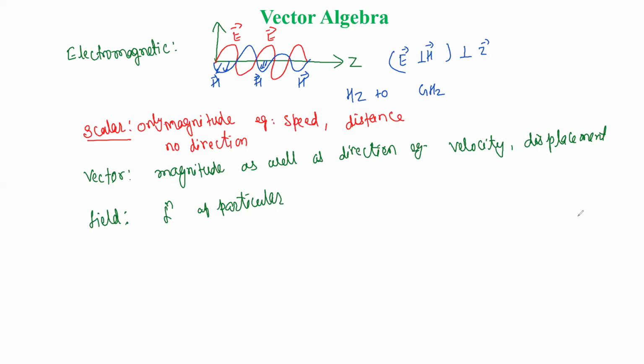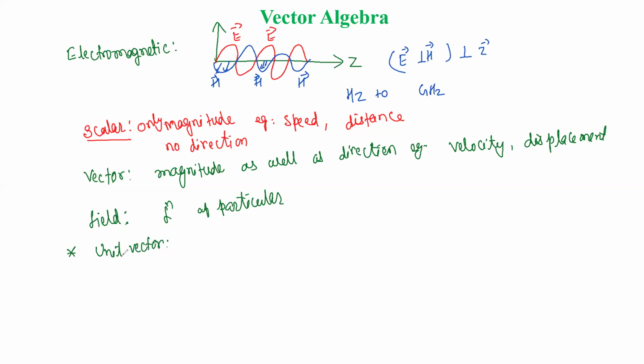Continuing, we have another term we call the unit vector. The unit vector is also very important here in electromagnetics. In many places we are going to use it, so we are going to define the unit vector. The name itself is unit vector.